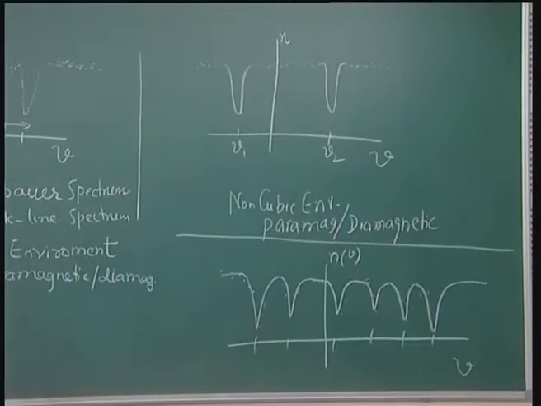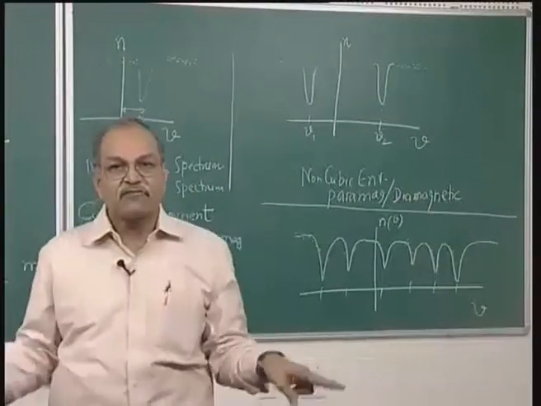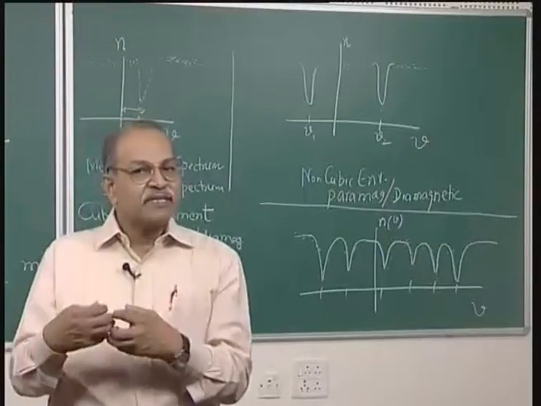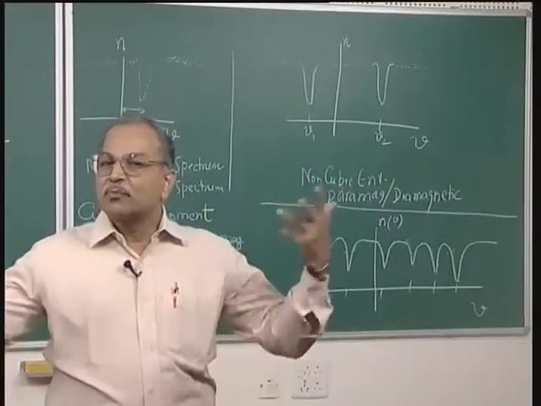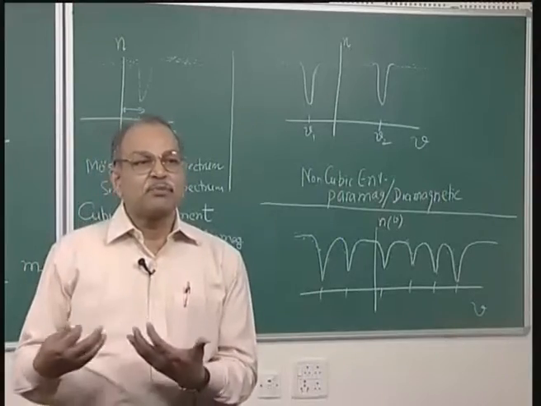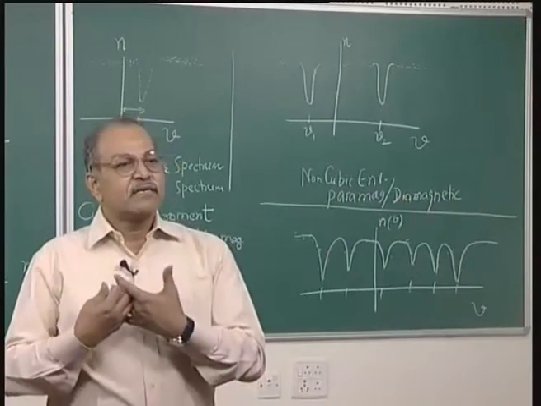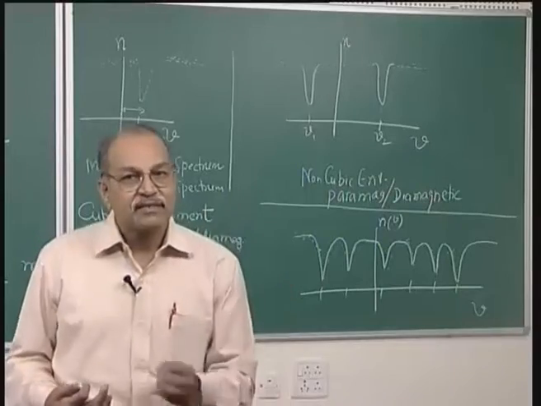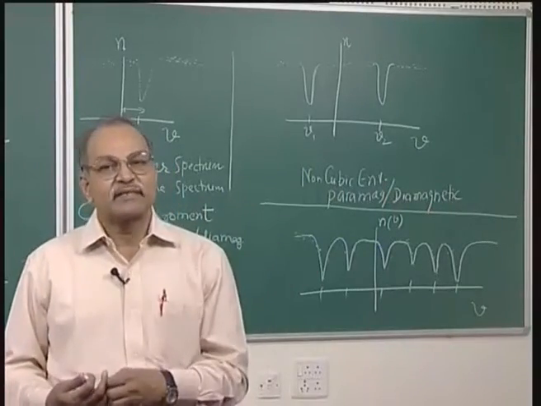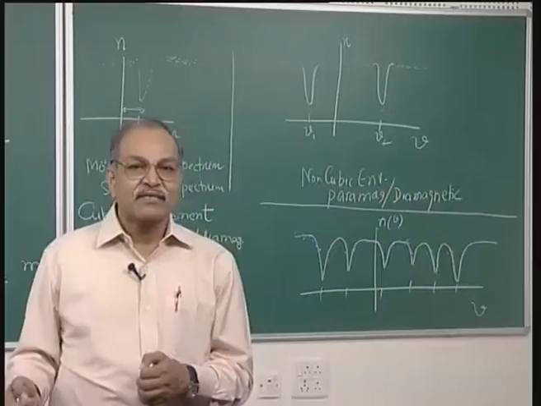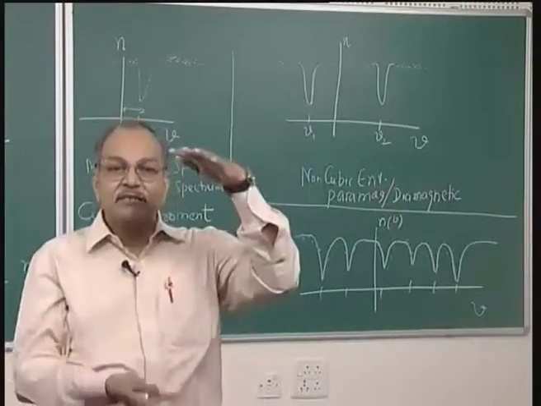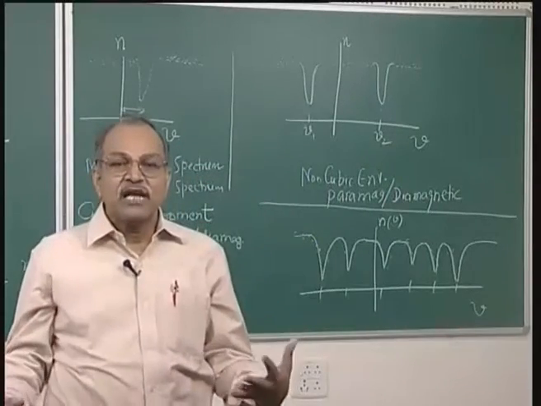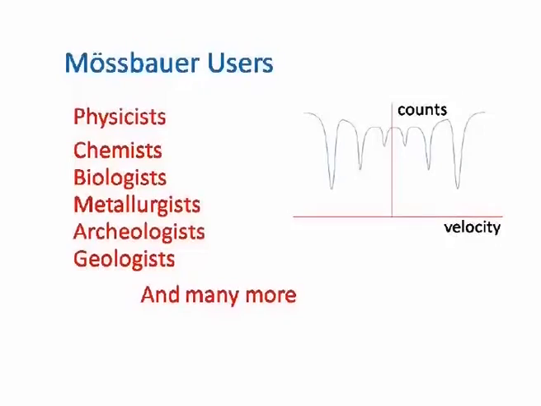So, all combinations are possible. In the solid, if iron is not having just one kind of environment, then each component will give its own Mossbauer spectra and the net result will be just a superposition. Using computer programs, one can get how many 6 line patterns are there, how many 2 line patterns are there, how many single line patterns are there, and what are the splittings, what are the intensities of these lines, the maximum absorption and so on, and from there one can get lots of information about that structure.